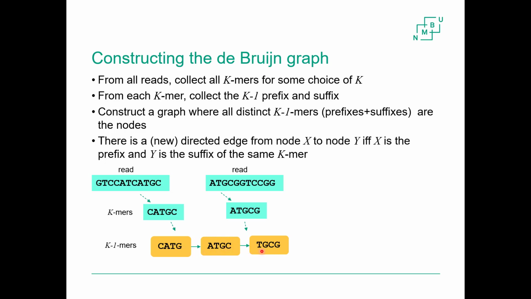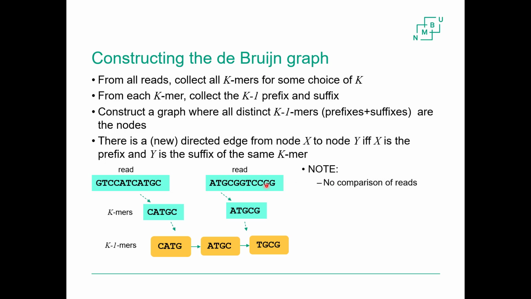And since this overlaps with this one, we can just add the last letter here to here, right? So we can just add one new letter for each node we visit. So if this is a long line of nodes with arrows between them, then we are starting to build the long genome sequence. What we should notice here is that there is no real comparison between the reads.